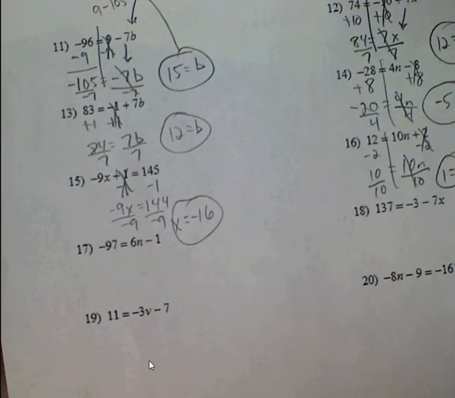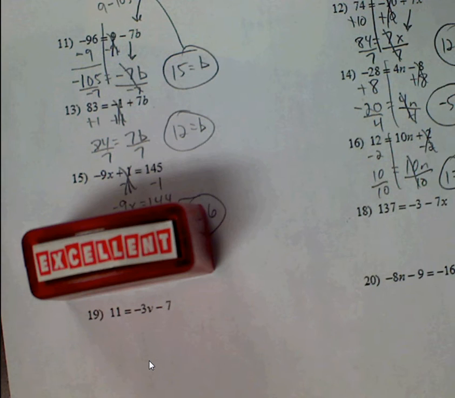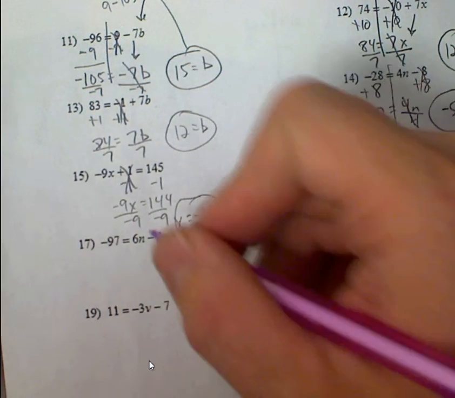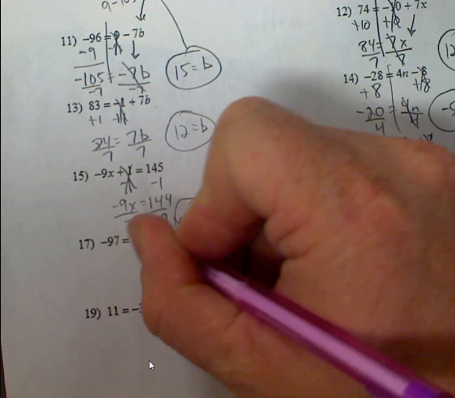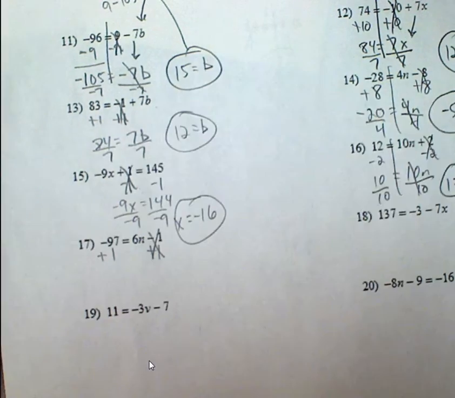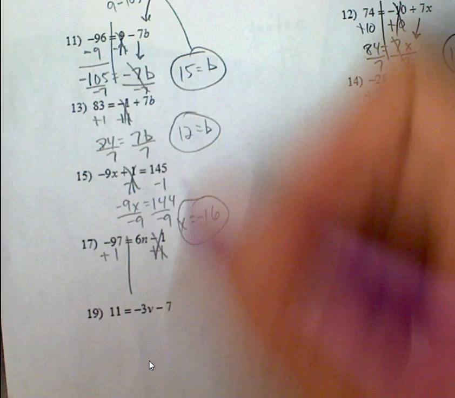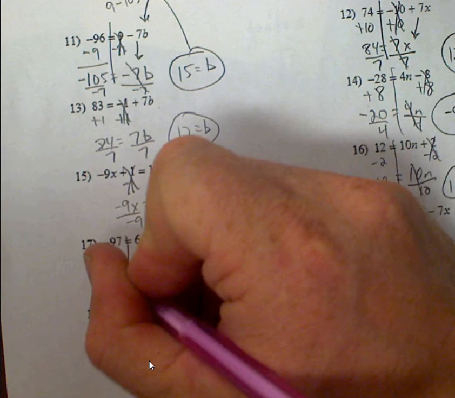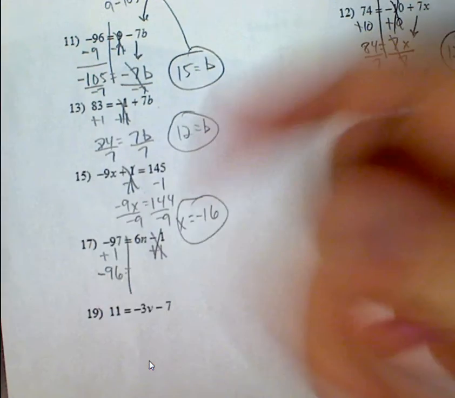Number 17, pause the video and try. Number 17, the constant is negative 1, or 1. So I get minus 1, I add 1. Add 1 to both sides. Debt 97 plus 1 would be less debt, which would be 96. Debt 96.